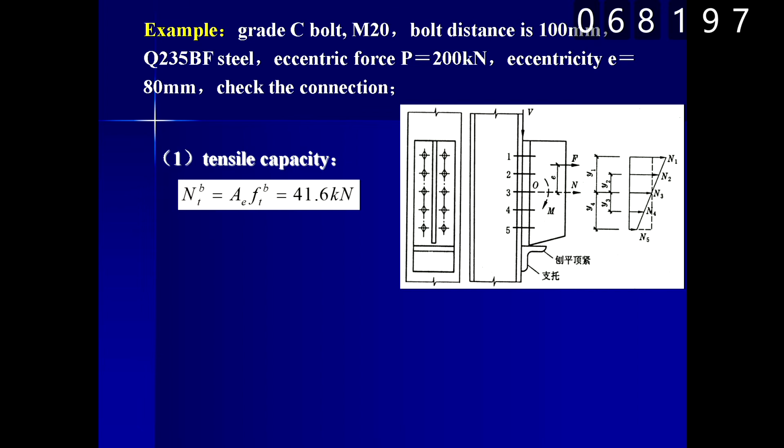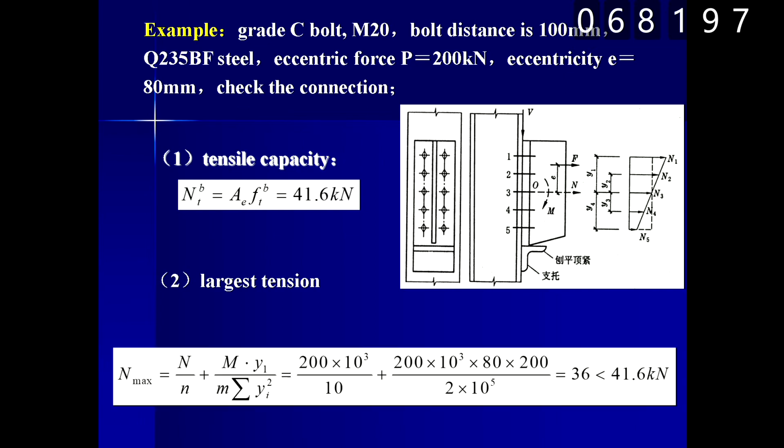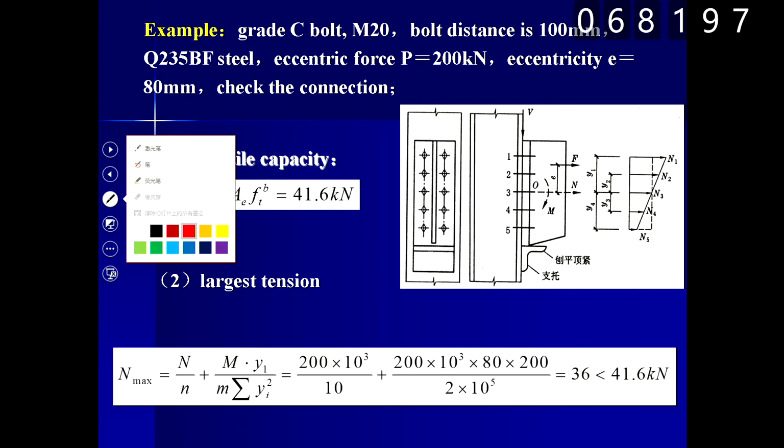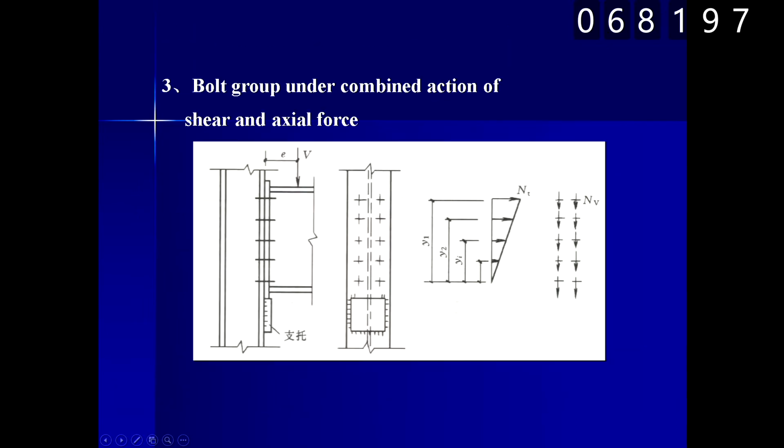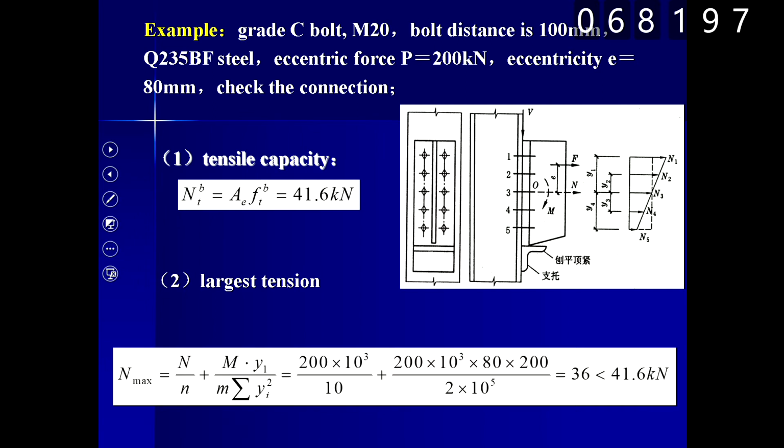Firstly, to calculate the tension capacity of the bolt, we can use this. And then we calculate the larger tension. This is the N. I will explain each detail on this page. The Ae is what? Yes, this is what we check from the code, right? And now we get the tension capacity of the bolt.